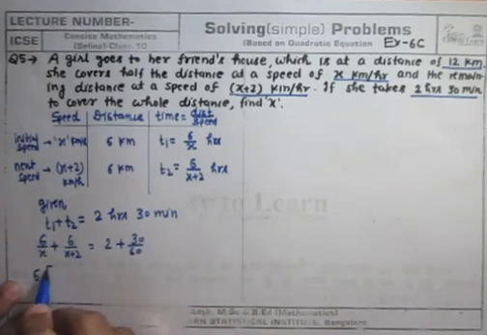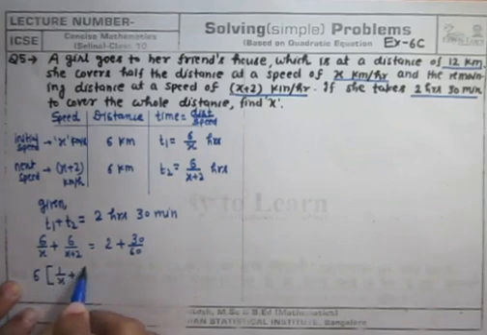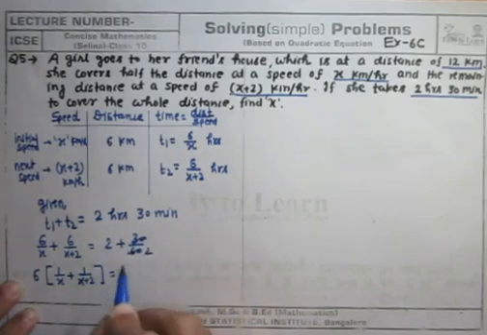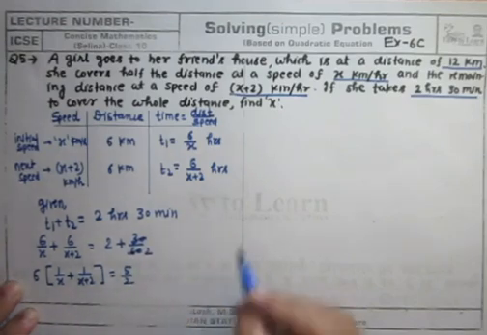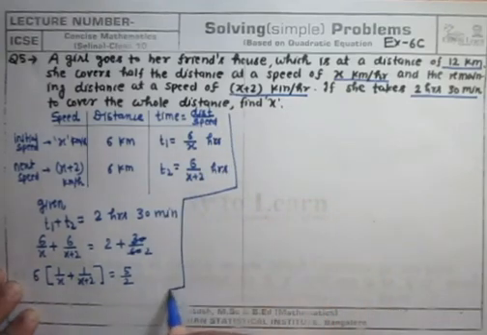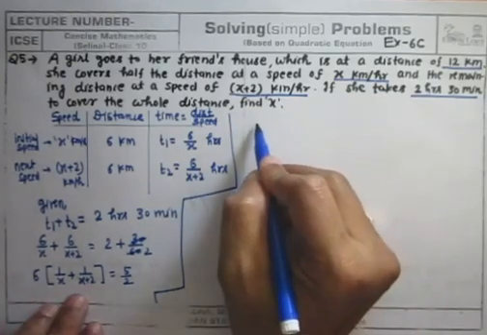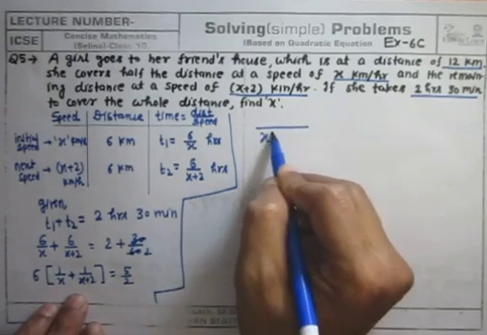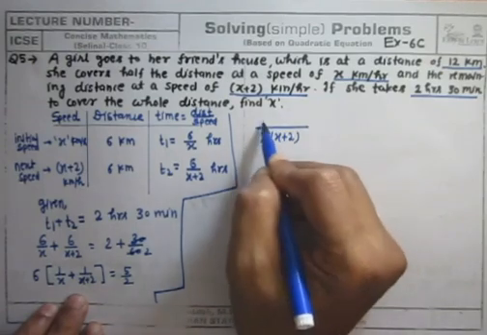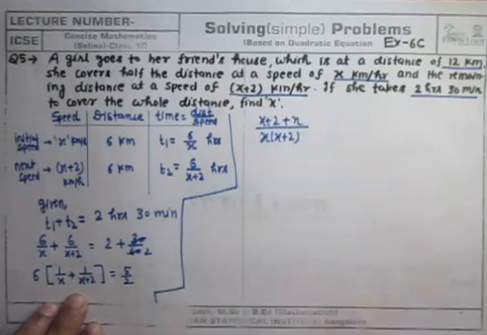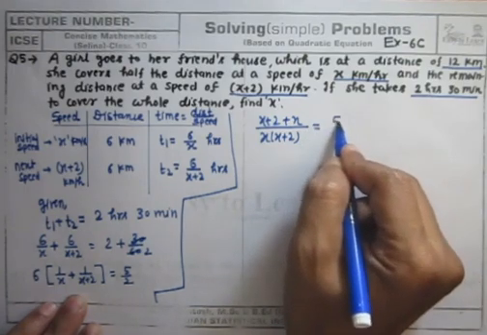Now take 6 common, so 1 by x plus 1 by x plus 2 is equal to 5 by 2 divided by 6. Now the LCM will be x into x plus 2, so it is x plus 2 plus x over x into x plus 2, is equal to 5 by 2.